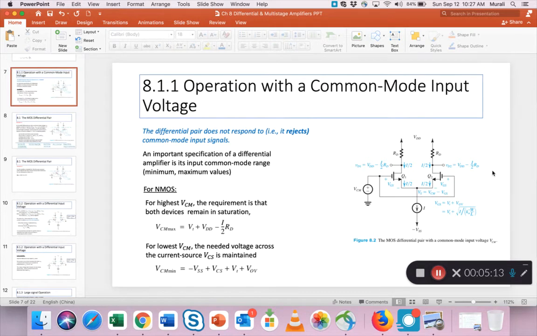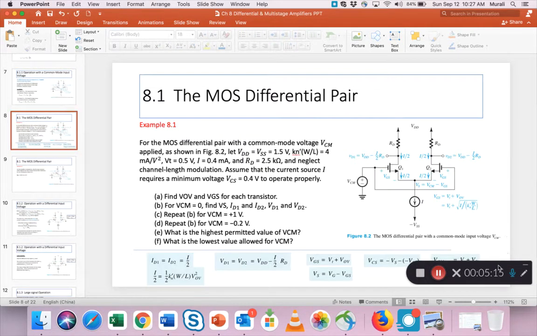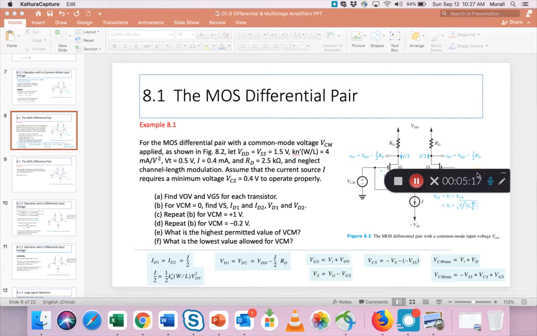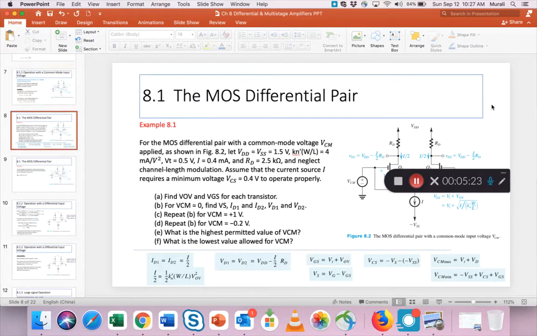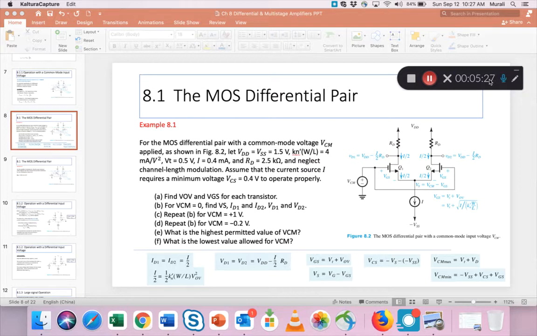So I'm going backwards and I've stopped on this slide, which is slide 8. So if we go backwards to slide 8, we stop at our first numerical, which is example 8.1 from chapter 8.